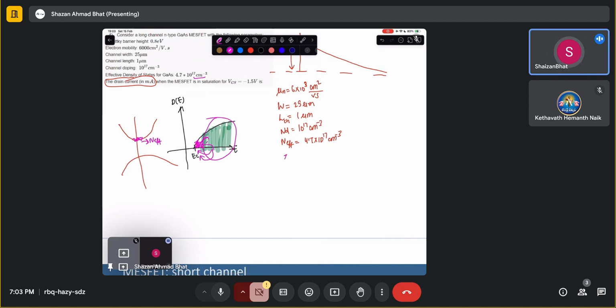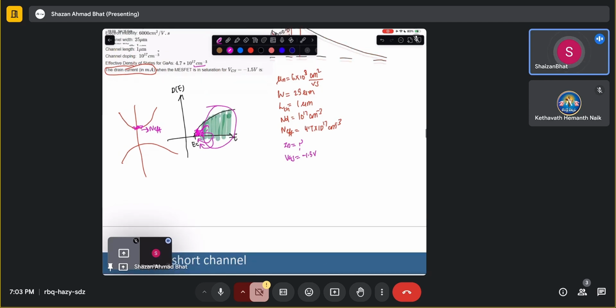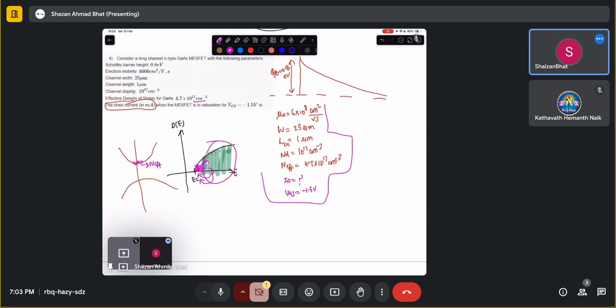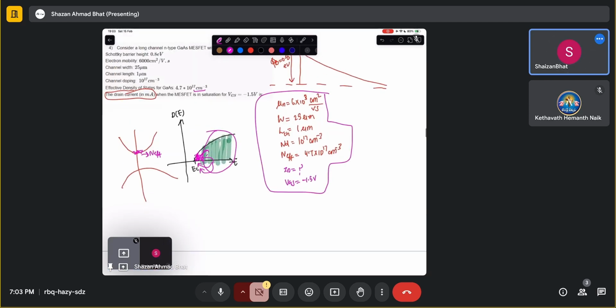And we have to find the drain current, and VGS is given as minus 1.5 volt. So that is the overall scenario of this question. What do we need? We need an equation for the drain current, and we need to see what it depends upon.